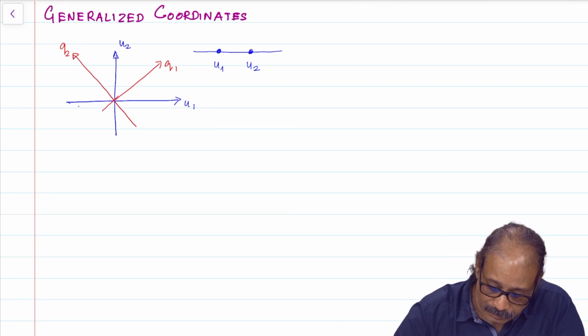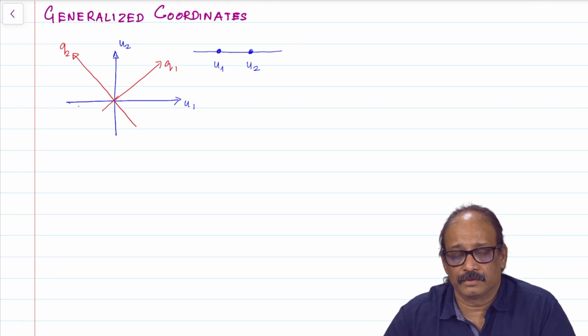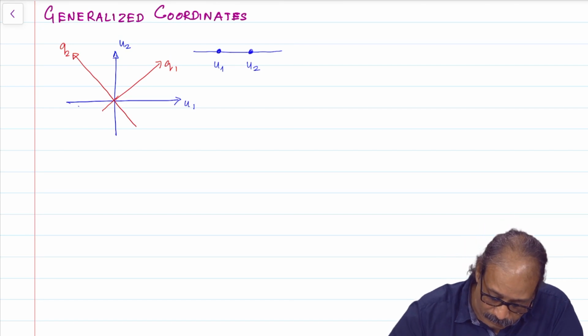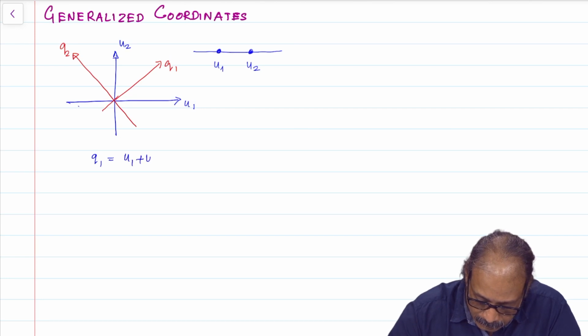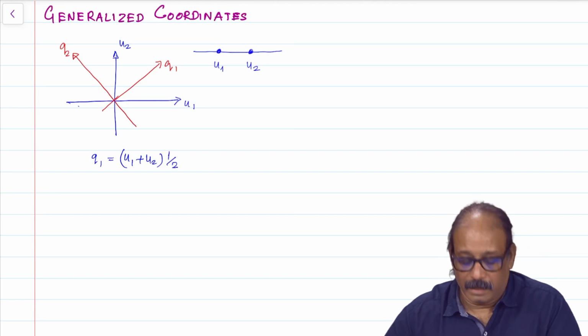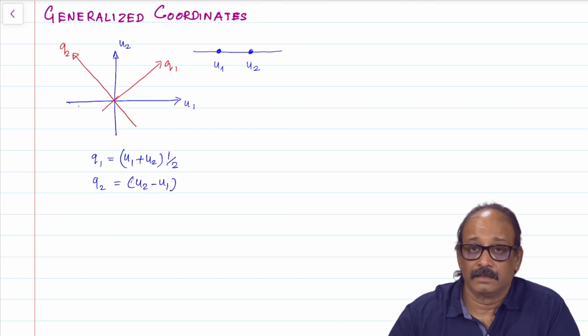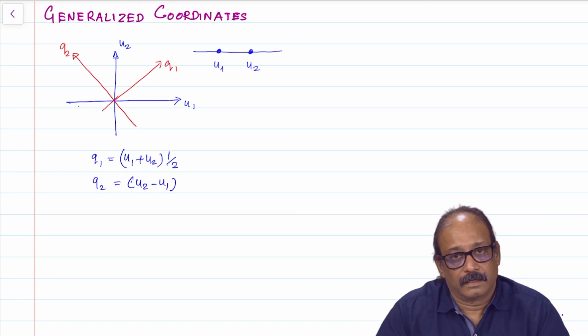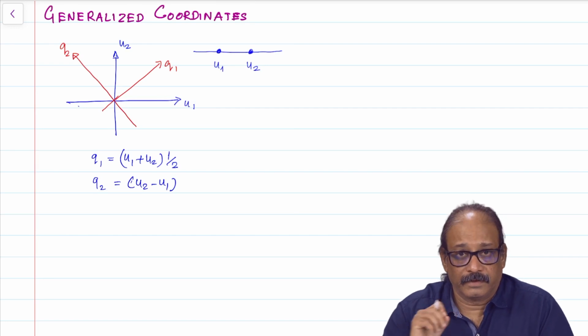The transformation from u1 u2 to q1 q2 is of course a linear transformation. Now, q1 can be written as (u1 plus u2) by 2, and I will write q2 as u2 minus u1. Now, do the two new coordinates q1 q2 give me the configuration of the system?